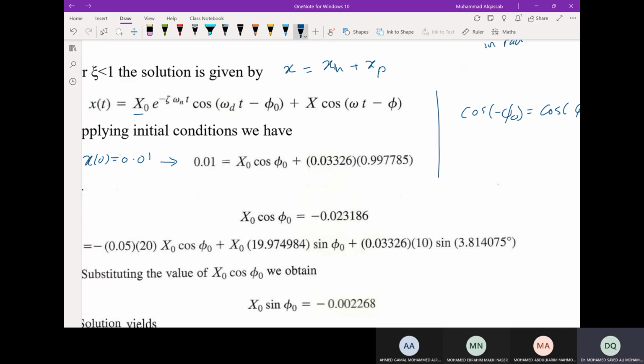Okay, so in the first term we have only X0 cosine phi 0, plus X cosine of minus phi again. This X and phi are known. The particular solution is completely defined, so we can substitute for X, which is 0.03326, cosine of minus phi.